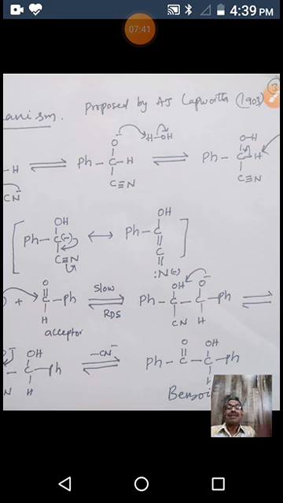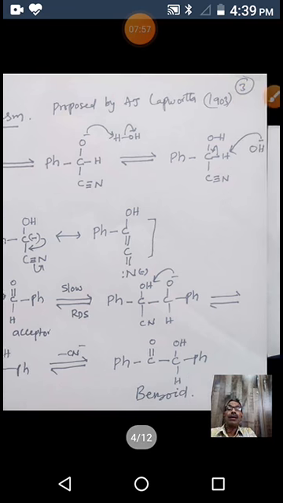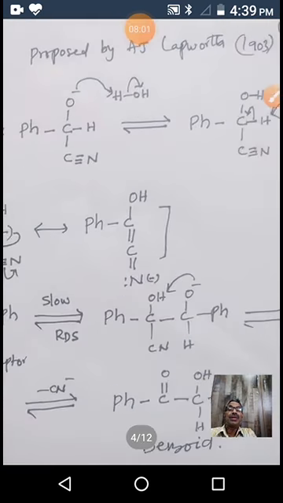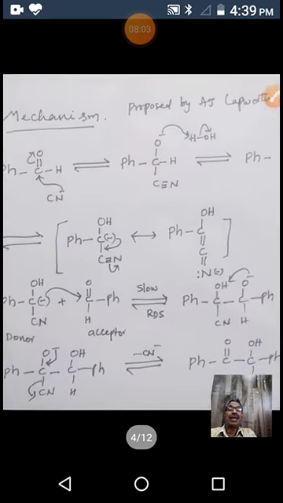O minus is unstable. Whenever it acts as a base, a base always abstracts a proton if possible. In the reaction condition, it is possible, so it abstracts a proton. Water is there in this reaction. That's why it abstracts one proton from water, giving this type of compound, a cyanohydrin. We can say cyanohydrin.